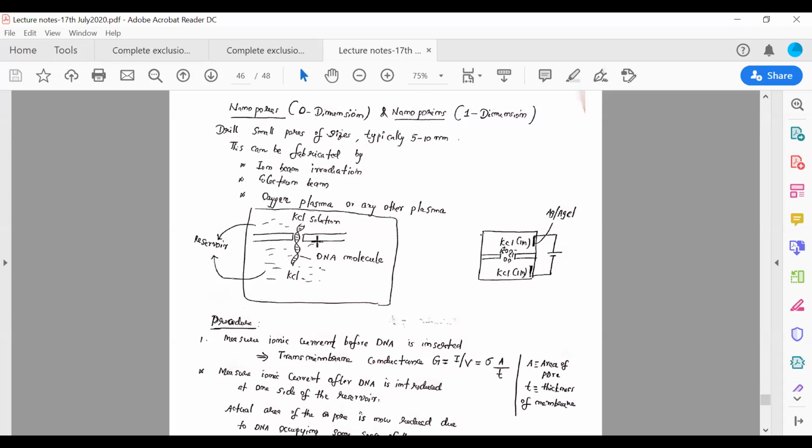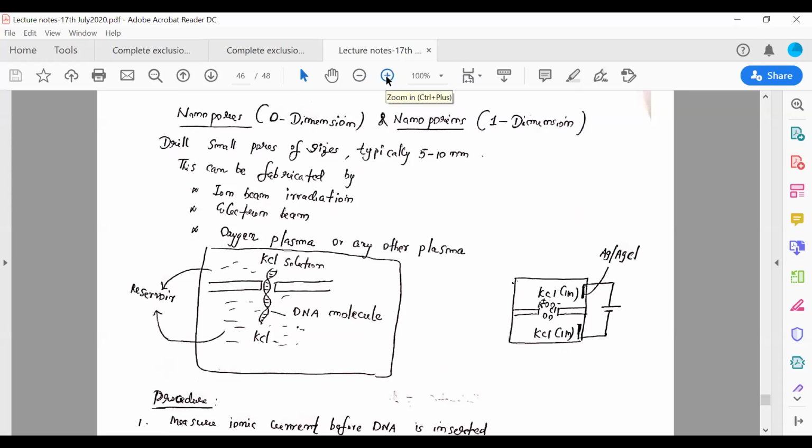Now the main attraction of a nanopore is that it can selectively transport molecules. An example is the DNA molecule, the double-stranded DNA. Are you seeing my screen? Maybe I'll make it bigger. This is what I am discussing now: DNA sequencing.